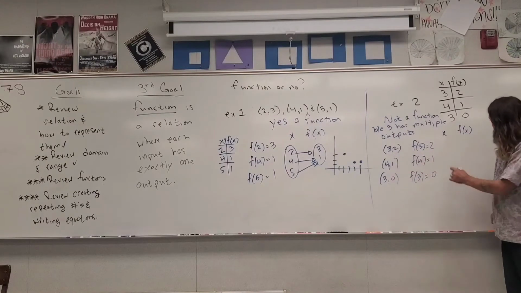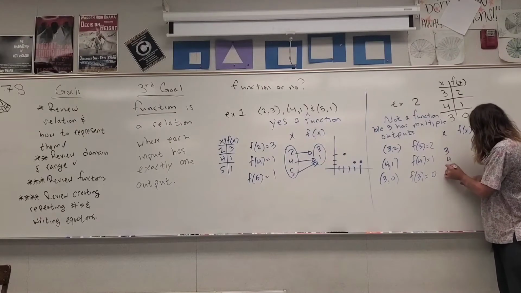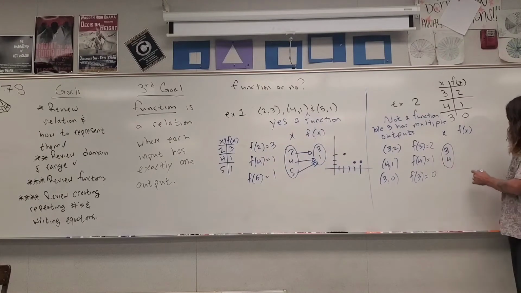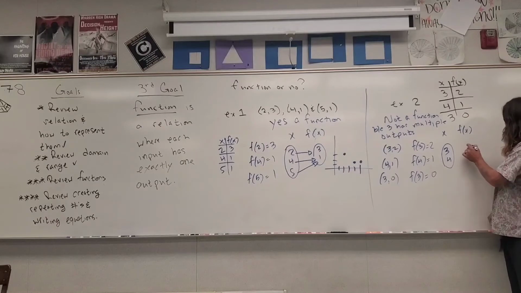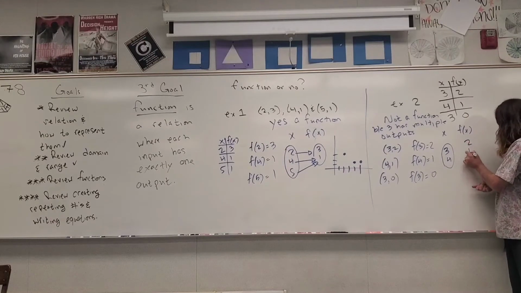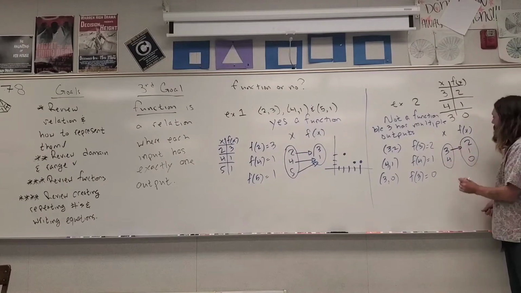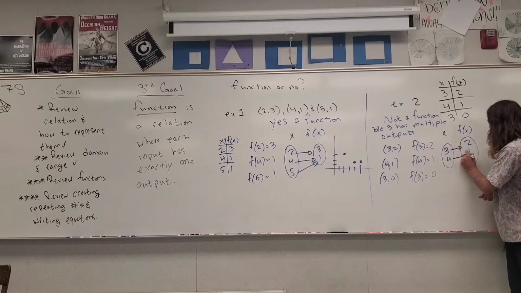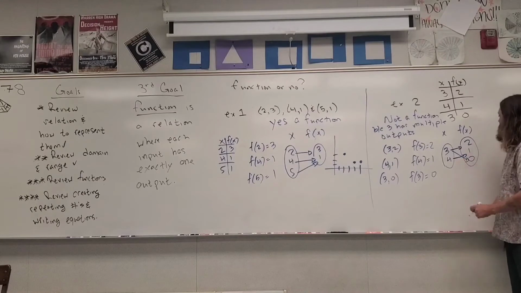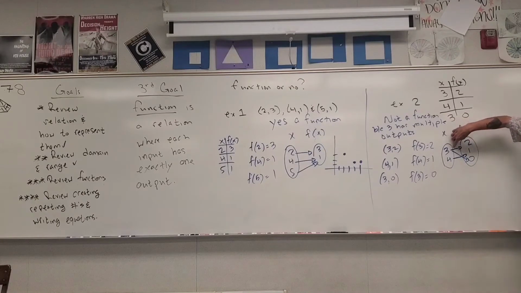Again, I don't need to write repeating values, so it would be 3 and 4, and my f of x would be 2, 1, 0. So 3 goes to 2, 4 goes to 1, and then 3 also goes to 0. Notice there are multiple arrows coming out of the 3. That tells me I do not have a function.